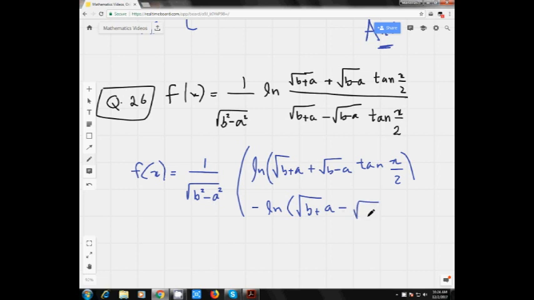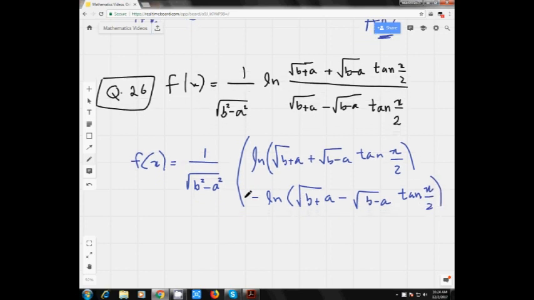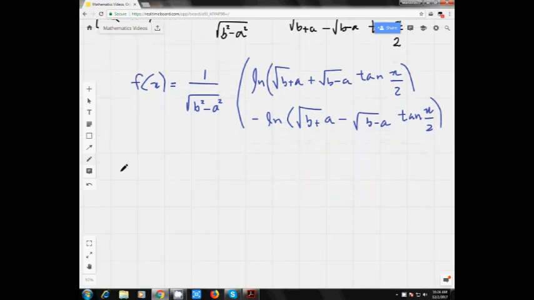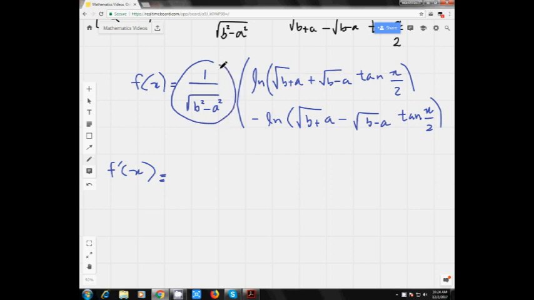You get this quantity. Next you will apply the derivative on both of the sides. So f dash of x or f prime of x is equal to, since this quantity is a constant, the derivative need not be applied here, so it will stay out and the derivative is applied inside the parenthesis.